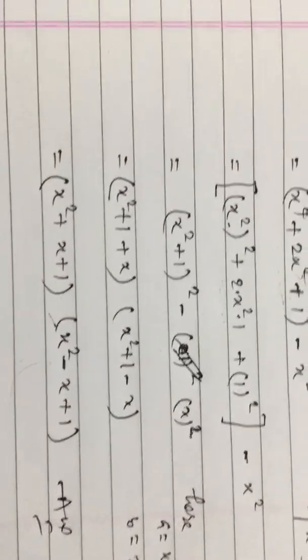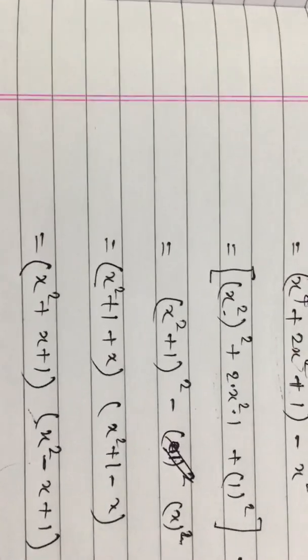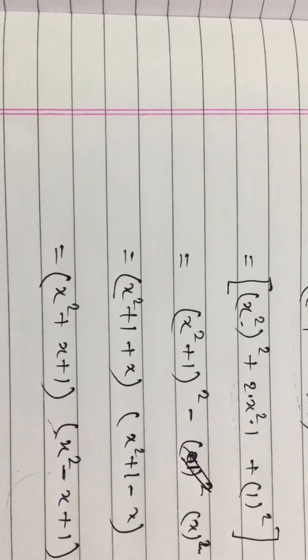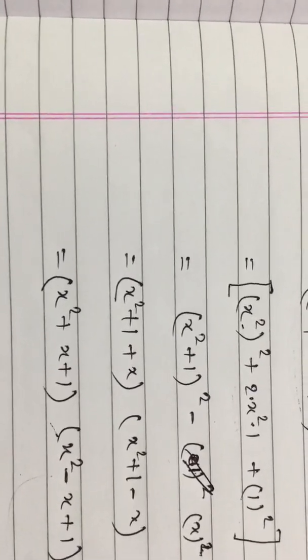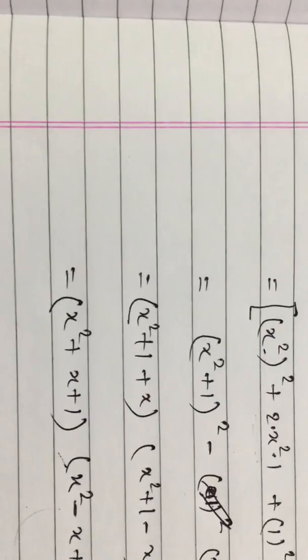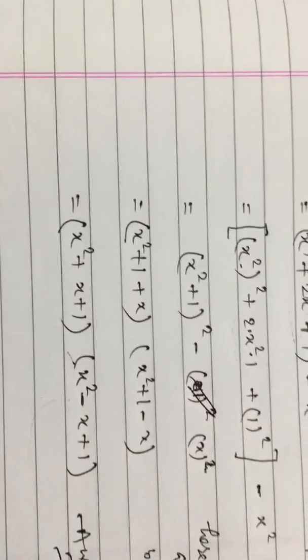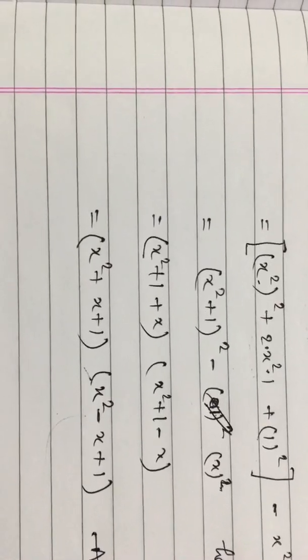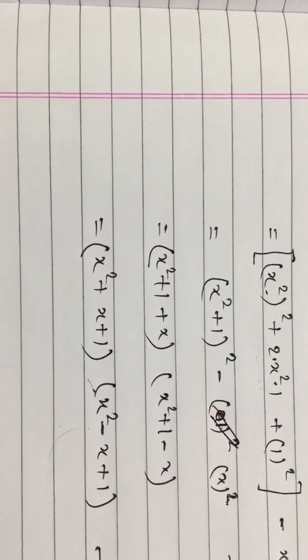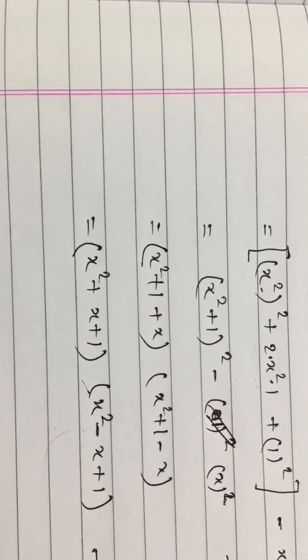So see, children, some problems I have discussed here are based on the difference of two squares. And in your exercise, some more problems are there. In exercise 5c, some more questions, and before 5c some examples are also there.